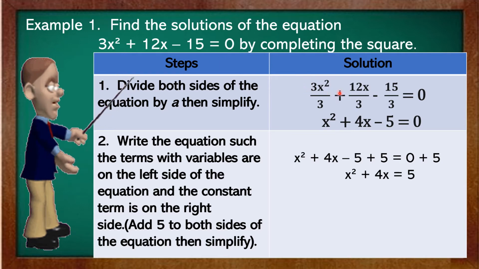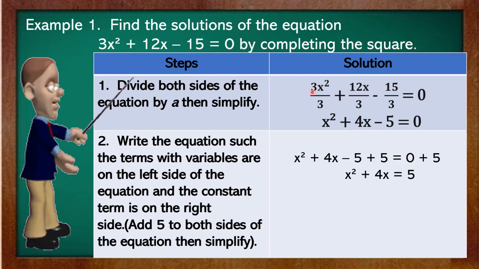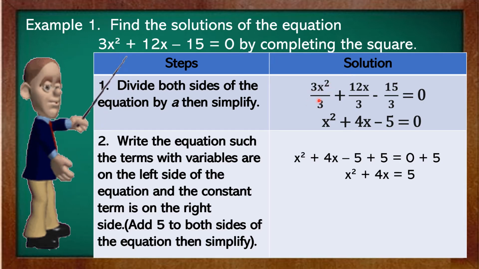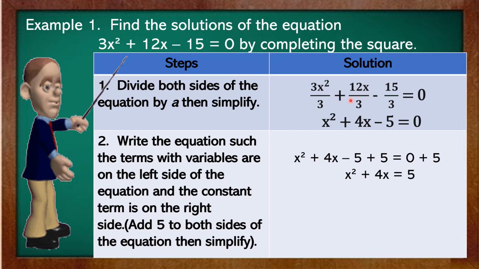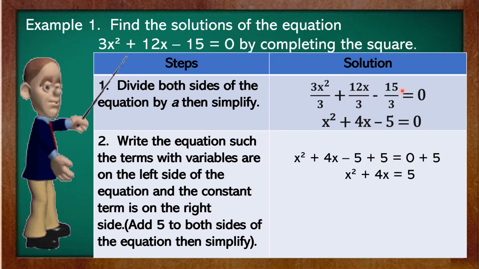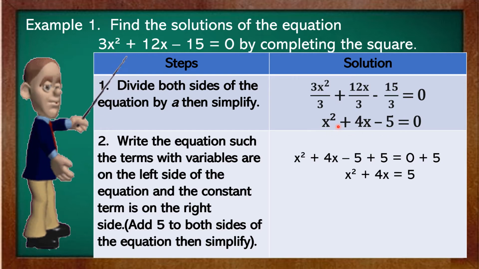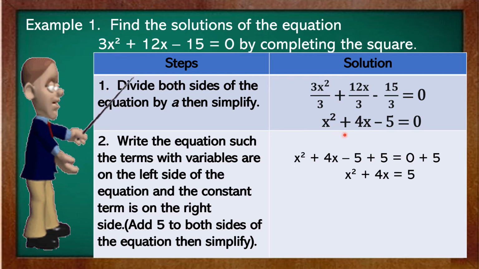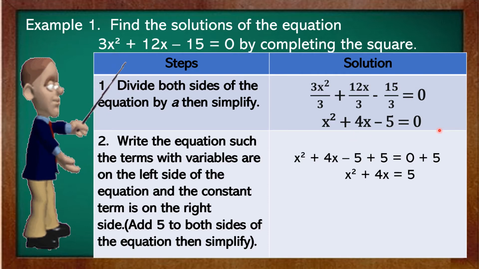So we will divide all terms by 3. So that 3x squared divided by 3 is x squared. 12x divided by 3 is 4x. And 15 divided by 3 is 5. Our equation now is x squared plus 4x minus 5 equals 0.